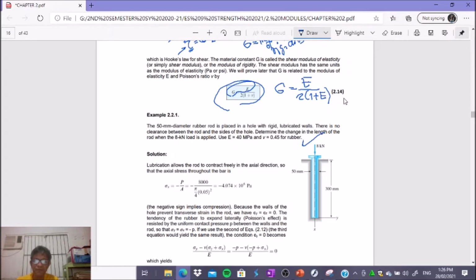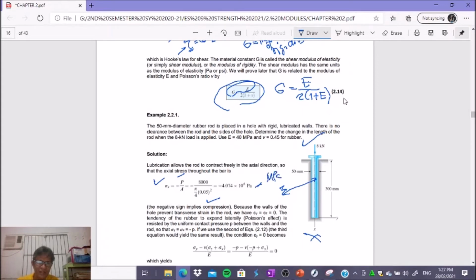Then, ito yung ginawa nating x-axis. Then, dito yung y. Then, yung direction dito will be yung z direction. Ngayon, sabi dito, yung sigma x of course will be equal to P over A. So, just substitute the value and makukuha nyo is in Pascal. Usually, mas maganda kung naka-megapascal lang.